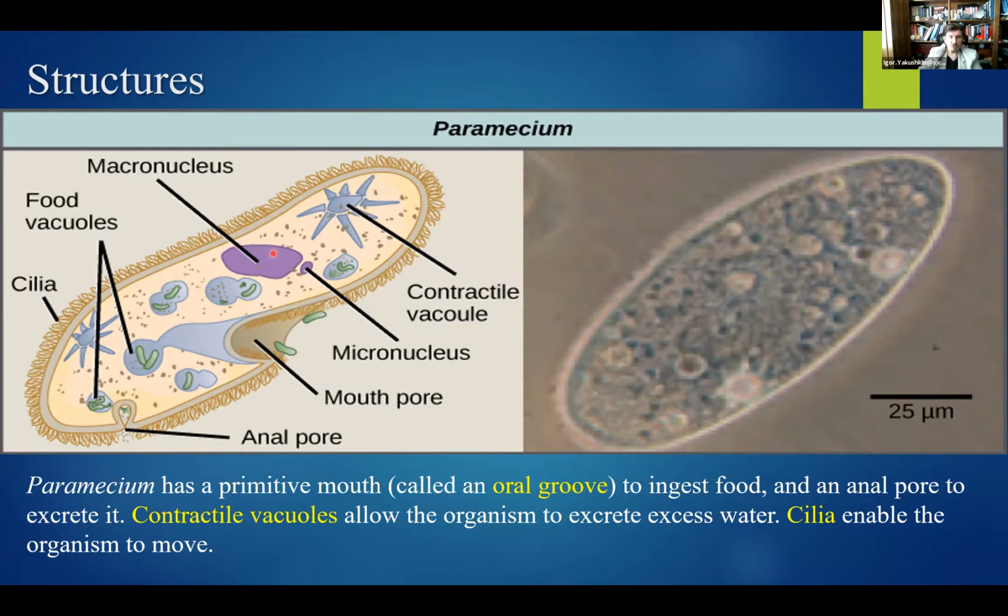As a matter of fact, Paramecium will have two nuclei, the large one, known as the macronucleus, and the tiny one, known as the micronucleus. Those are important. The macronucleus typically governs all of the processes within the cell except sexual reproduction, and this is where the micronucleus takes over, so to speak.